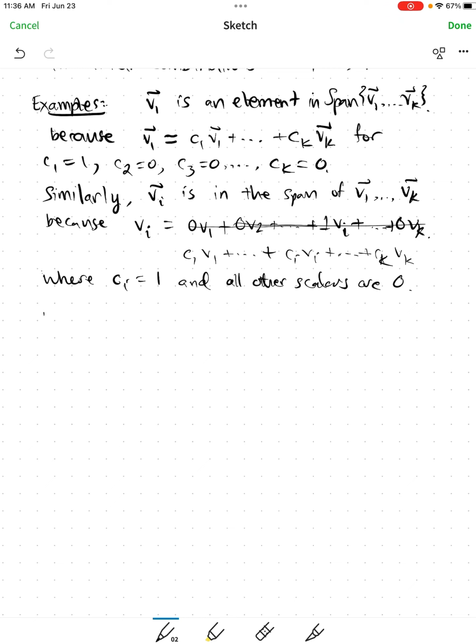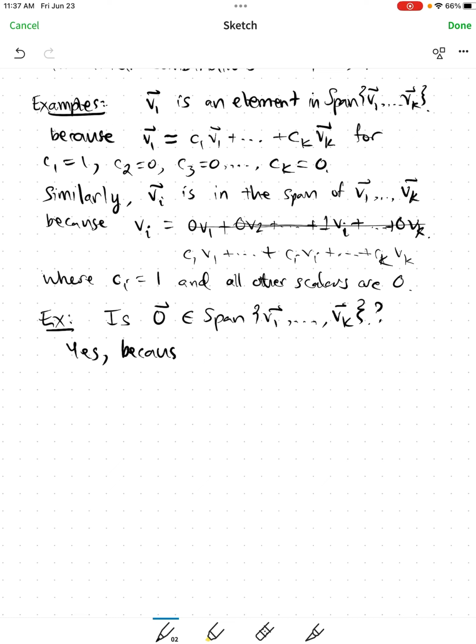Okay. What about the 0 vector? Is the 0 vector an element of the span of V1 through Vk? Well, what do you think? Well, the answer is yes.